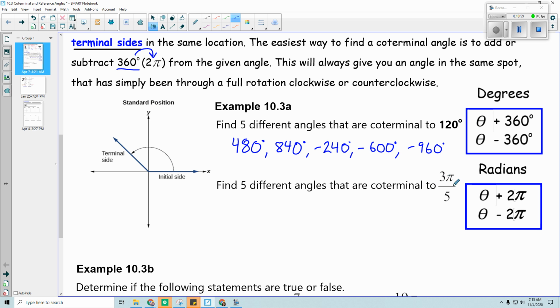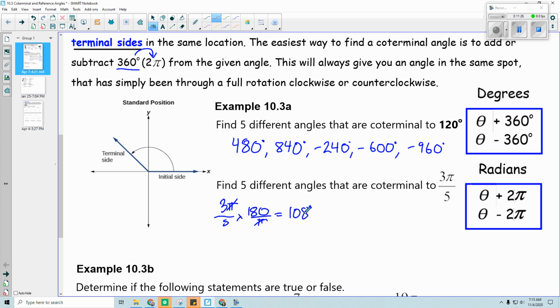We can just turn this into degrees and then work on adding or subtracting 360 from it once it's in degrees. So if we take 3 pi over 5, let's change it into degrees. 3 times 180 divided by 5, so that's 108 degrees.